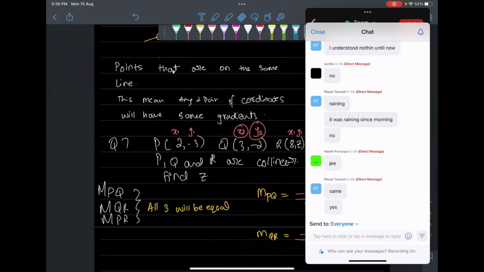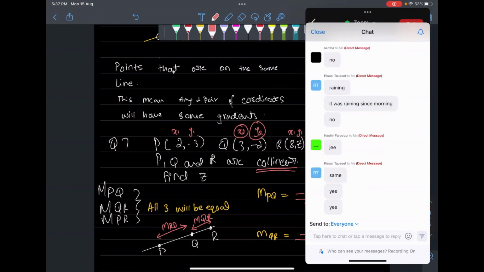Imagine this is P, this is Q, this is R. So if I find the gradient from here till here, it will be called gradient of PQ, and this will be called gradient of QR. These two will be equal, because they are collinear. The question says they are collinear. This means that these two will be equal. Is that clear?